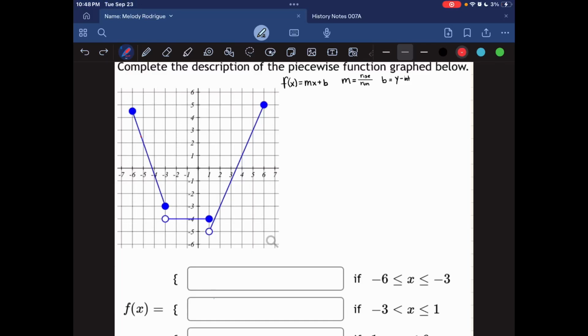Hi, I'm going to be teaching you how to complete the description of the piecewise function graph below. So, as you can see, we're going to start off with this line, which is going to be that one.